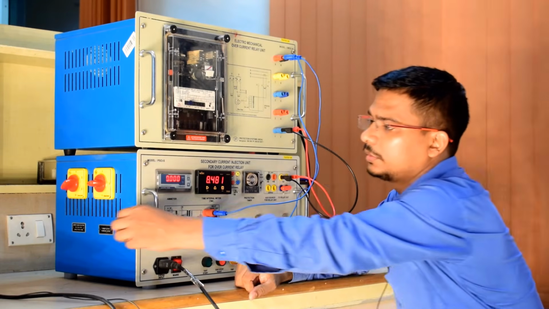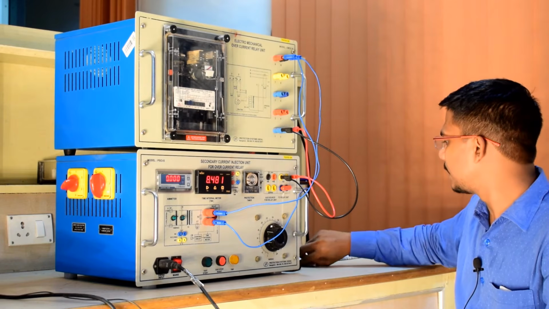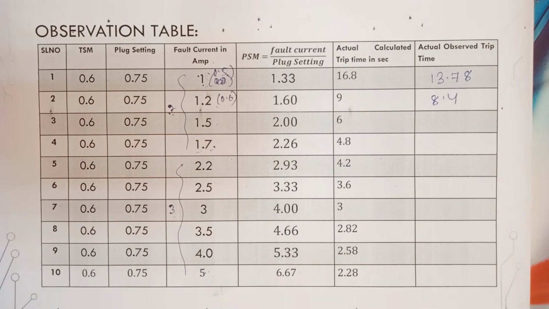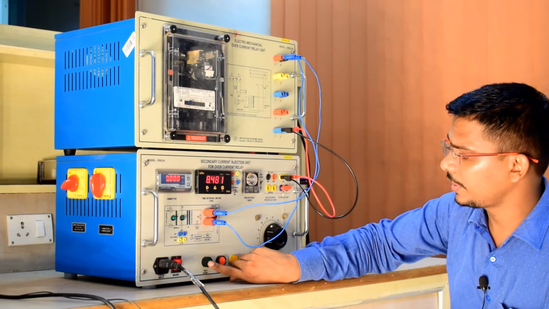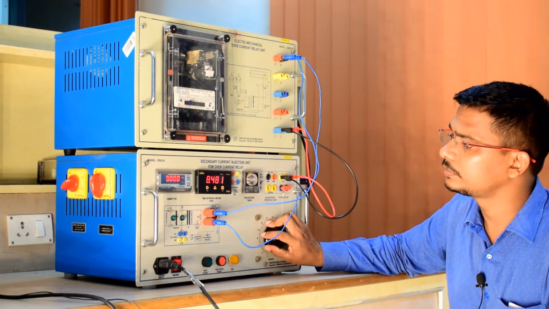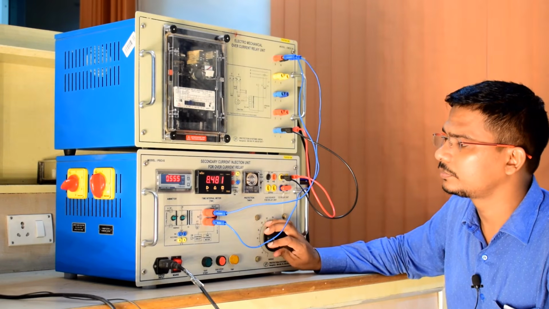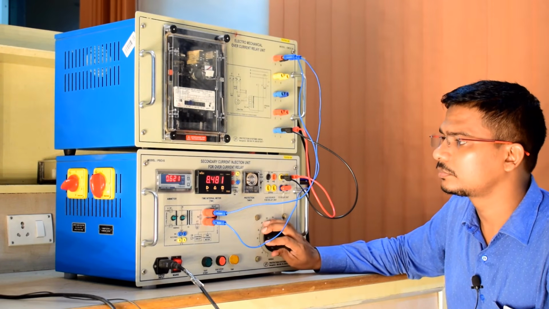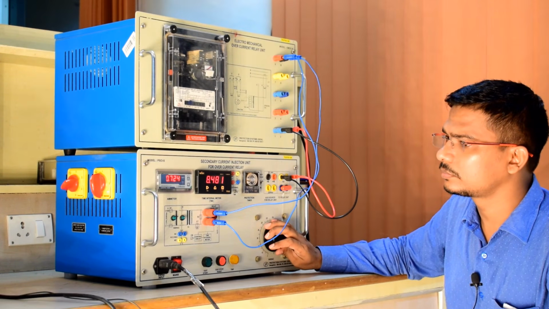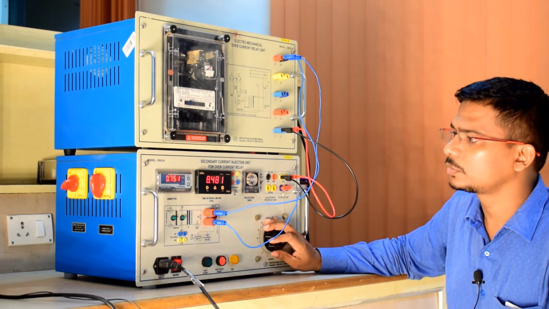Next, reset this to be 1, and next for 1.5 we have to see 1.5 by 2, so we have to see 0.75.